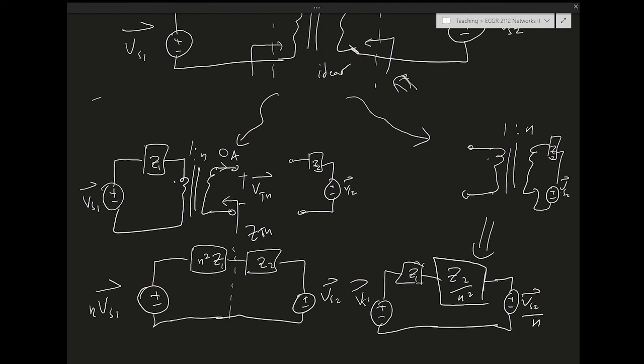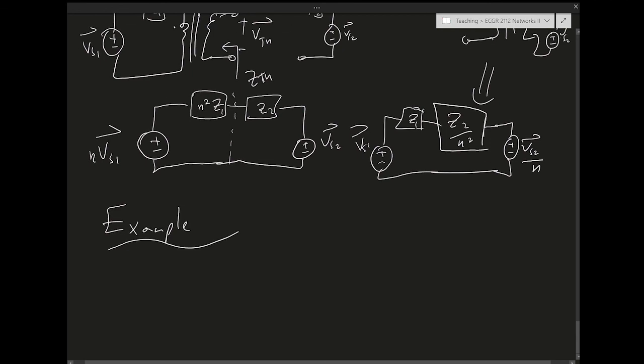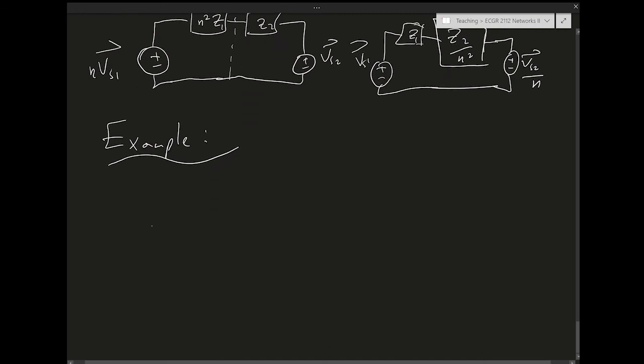Okay, let's do an example of applying Thevenin to a problem with a transformer. We have this problem. We have a 12 volt source, 4 ohms, and minus J3 ohms. I'm omitting writing the ohms just for brevity.